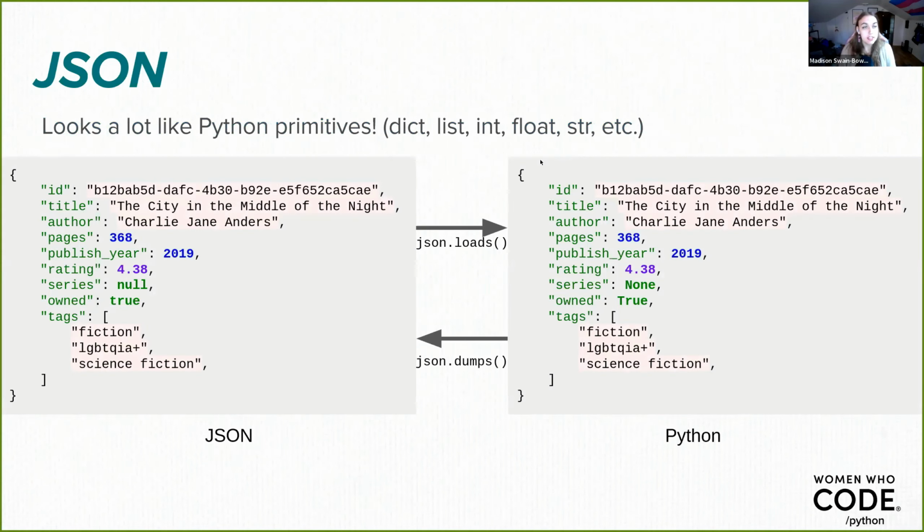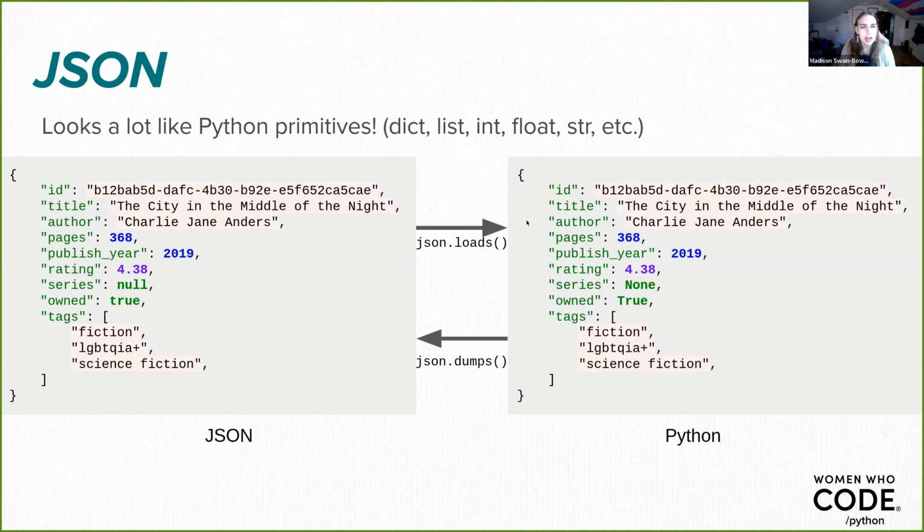As I mentioned, it does look a lot like Python primitives, things like dictionaries, lists, integers, floats, strings, null values, right? Many of those primitives in Python have an analogue in JSON, but because JSON is a JavaScript based notation, we can't just use it directly in Python.